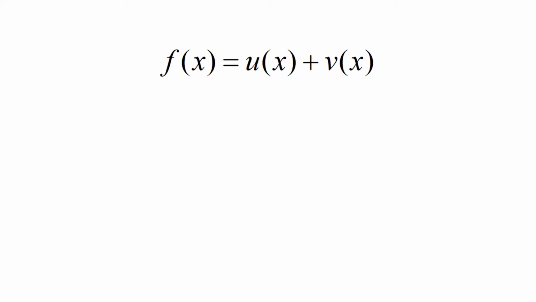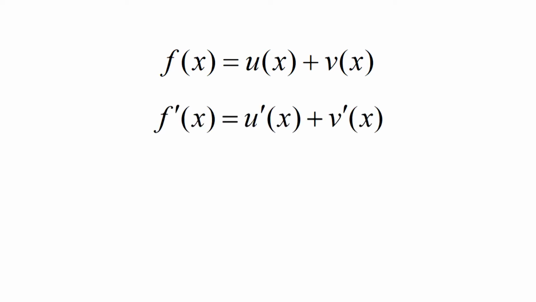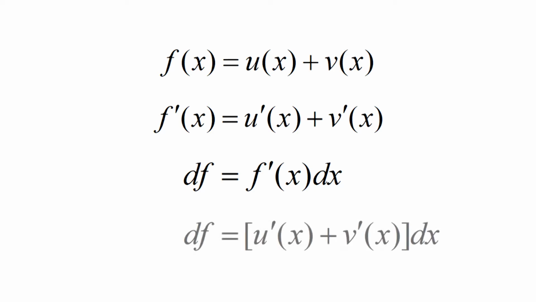Now, taking f of x is equal to u of x plus v of x, where u of x and v of x are two functions of x, we have by the sum rule of differentiation f prime x is equal to u prime x plus v prime x, and hence df is equal to f prime x dx becomes df is equal to (u prime x plus v prime x) times dx.